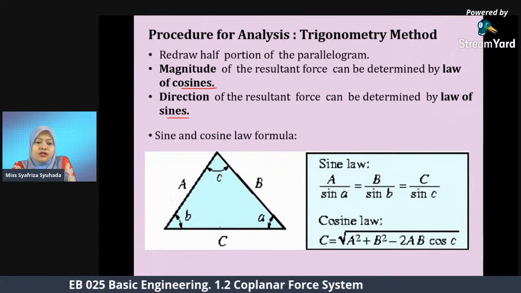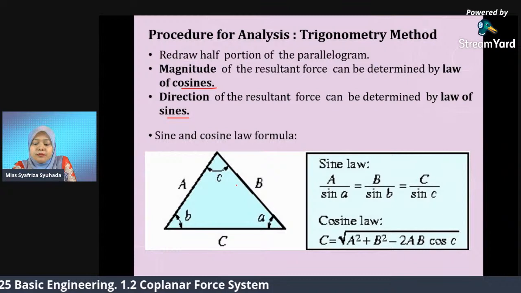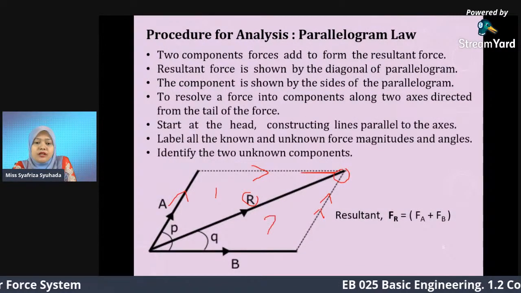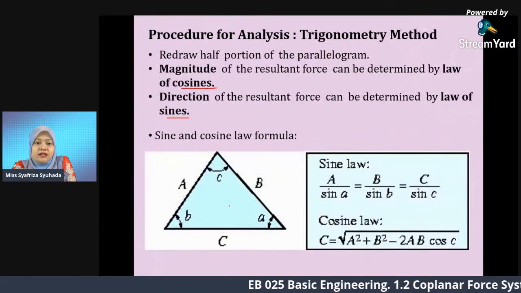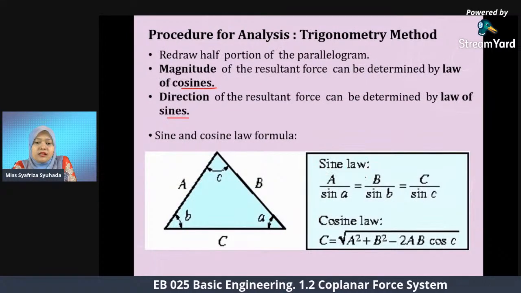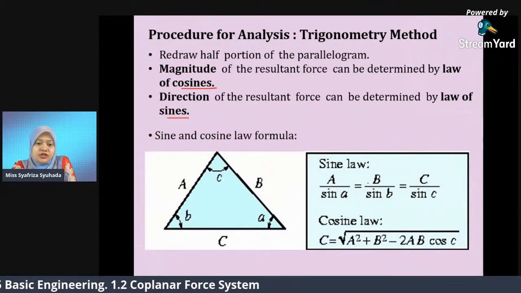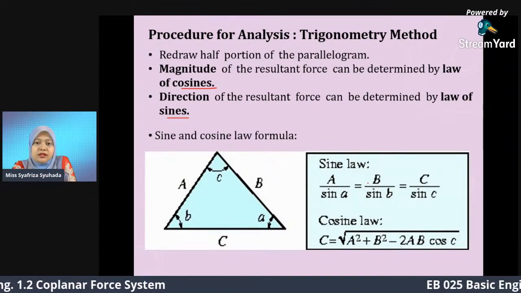Like this one, we choose either triangle number one or triangle number two, and then by using the sine law or cosine law, we can get the magnitude and the direction. Alright, very easy, the simple one.